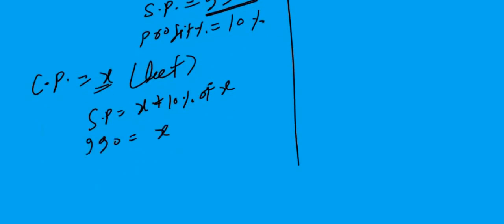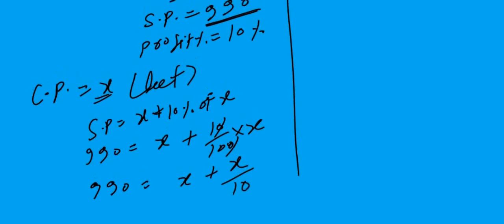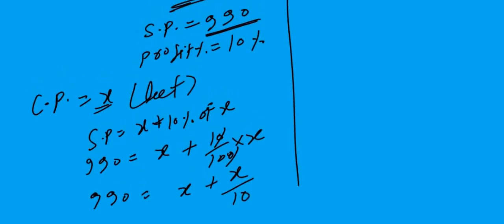So 990 is equal to X plus 10 by 100 into X, because percent will be written as 1 by 100. So the zeros will be cancelled. Basically we will get 990 equal to X plus X by 10. When we take the LCM, we will get 11 by 10 X is equal to 990. So what will it come?